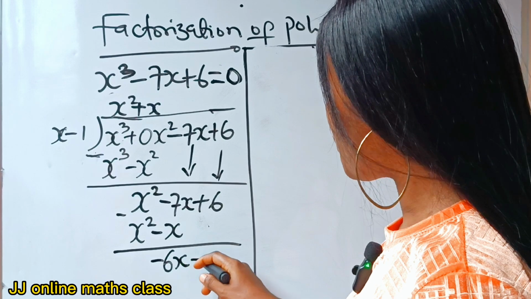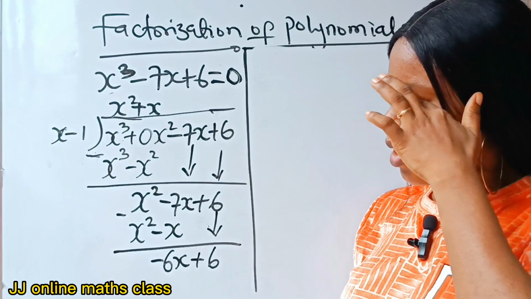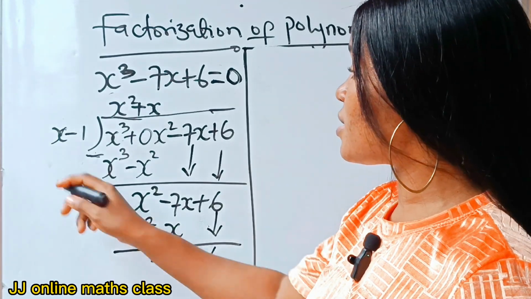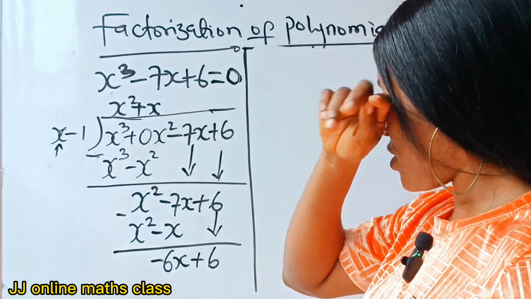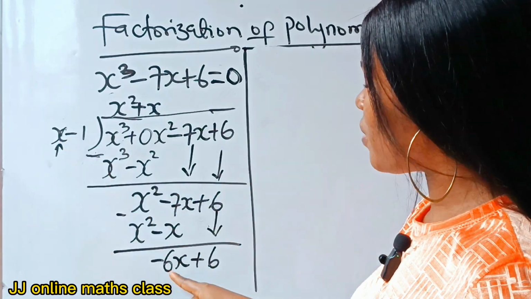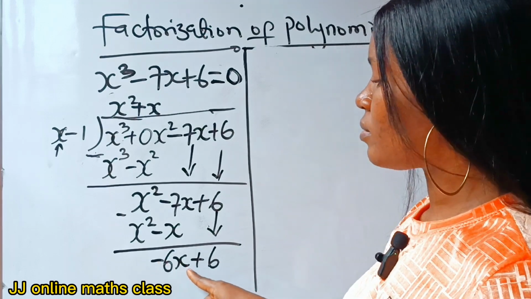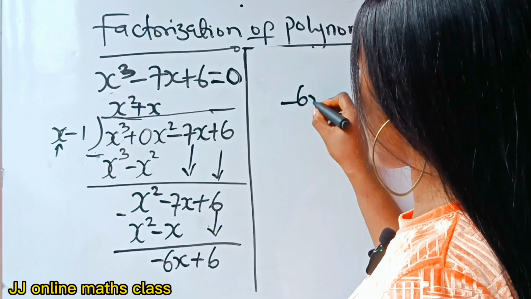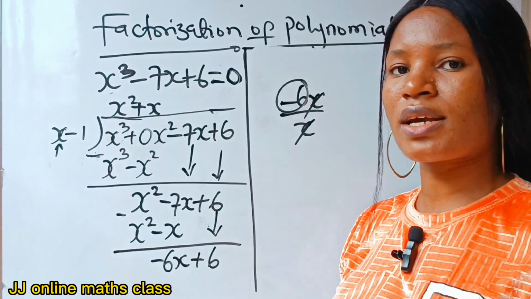Now we are going to bring down plus 6. You bring down plus 6. All right, we go again. Remember, this is what we are using all the time. The first time you have is what you are going to use. Now when x divides minus 6x, we are going to have what remaining? Minus 6x divided by x, we cancel this. You are left with minus 6.